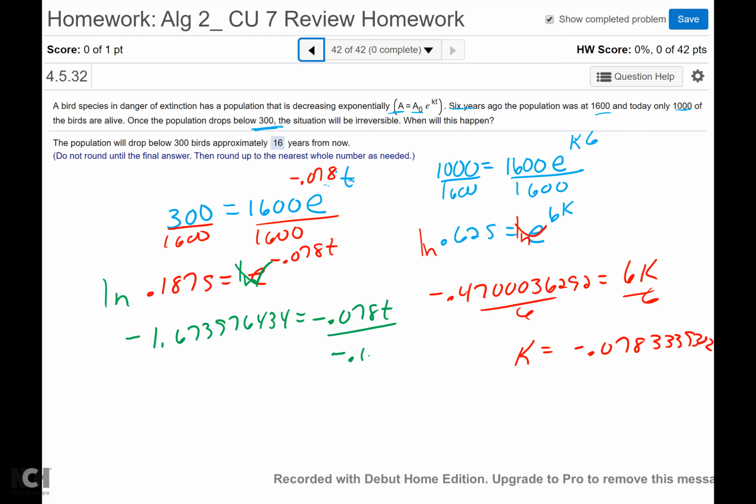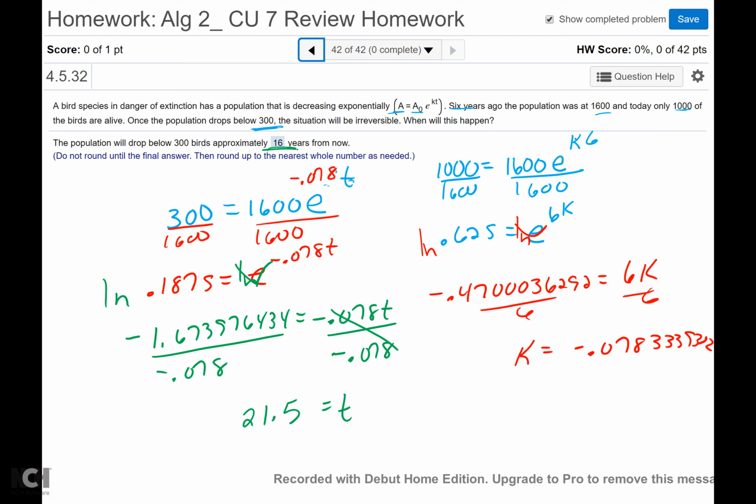Divide by negative 0.078, and I get 21.5 years. What did I do wrong?